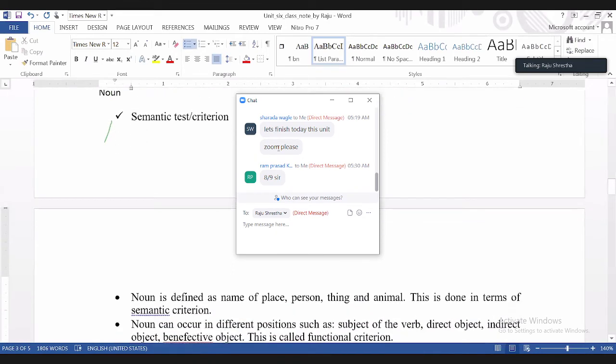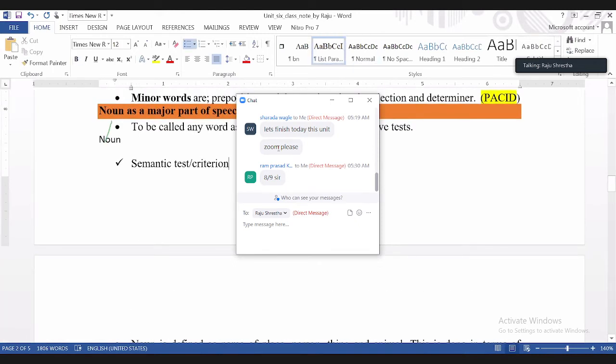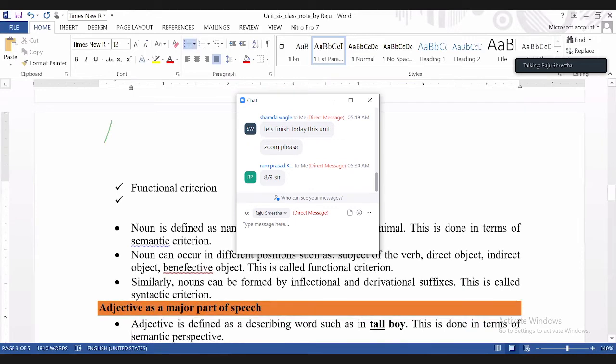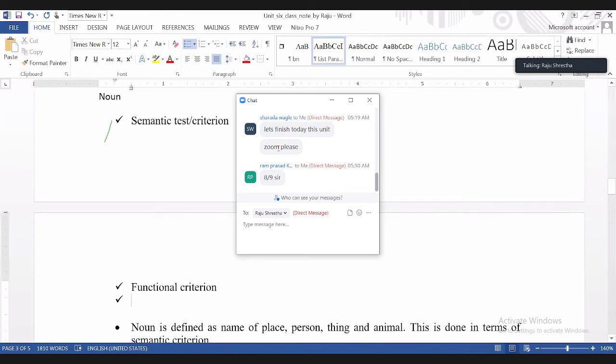Semantic criterion. Then another is what? Functional criterion. Functional criterion. अर्को भनेको we have semantic, functional, and syntactic.